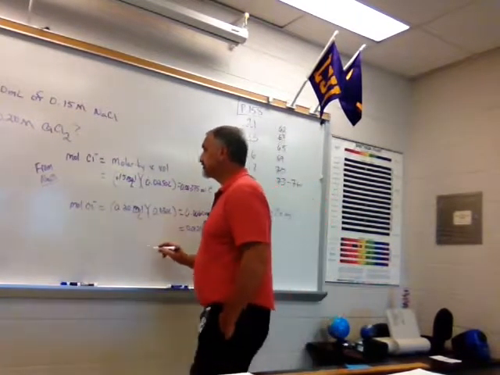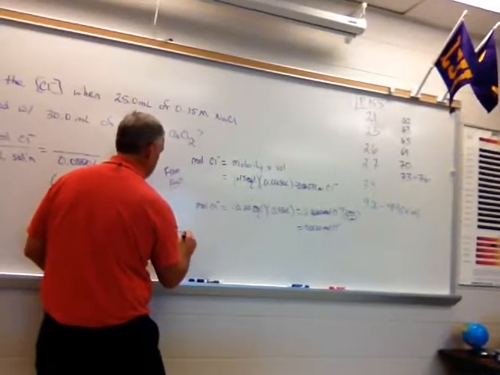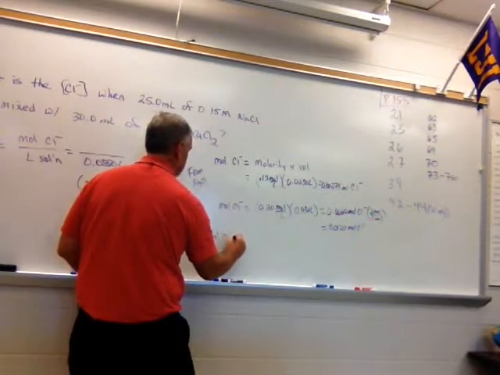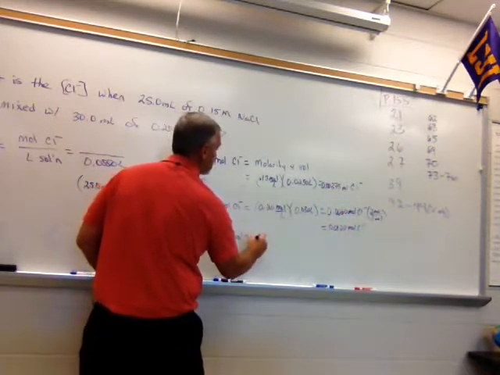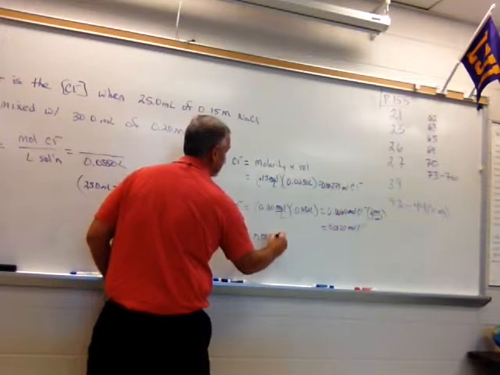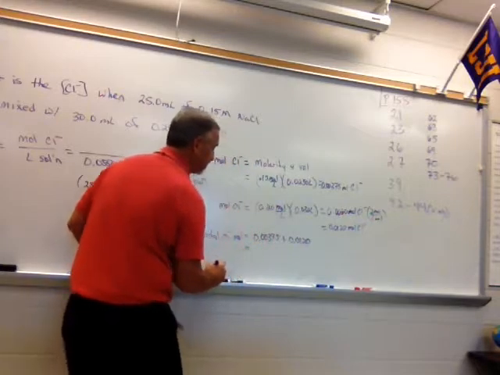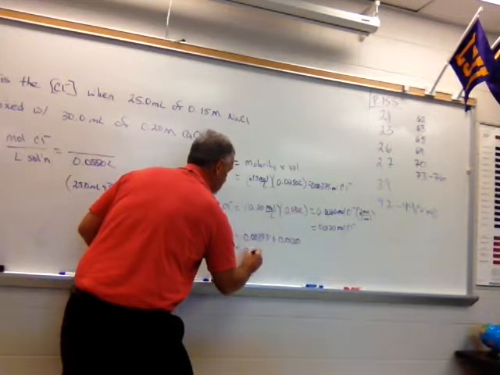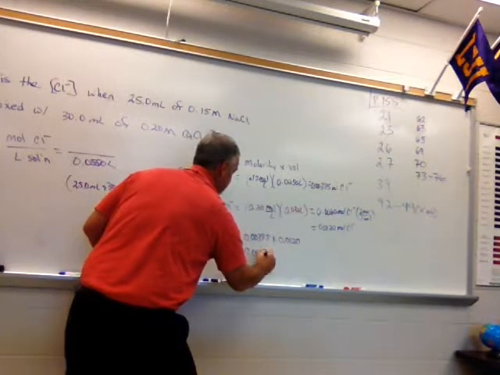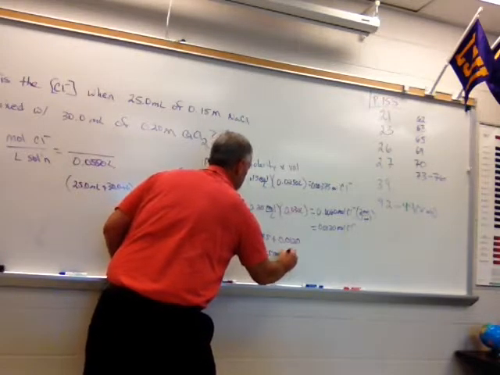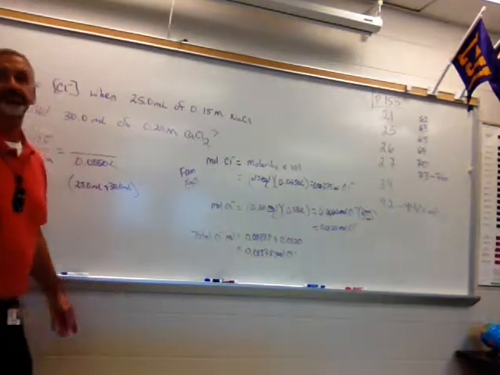So my total moles is going to equal 0.00375 plus 0.012, which is going to equal 0.01575. So what do I do with that?